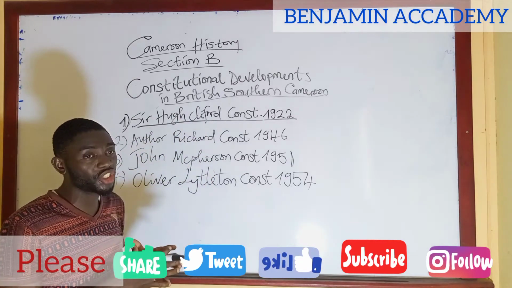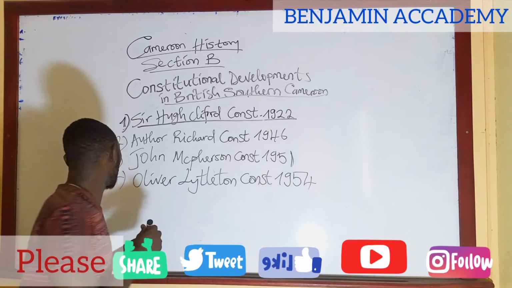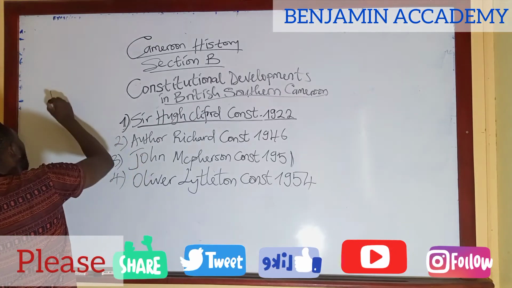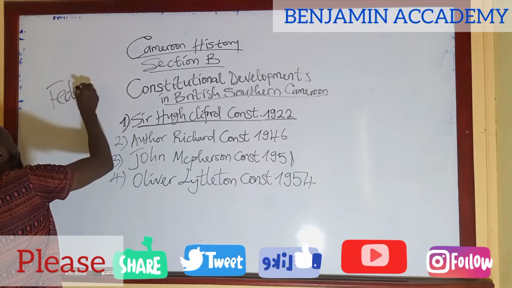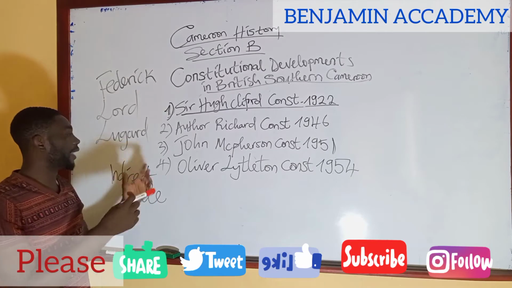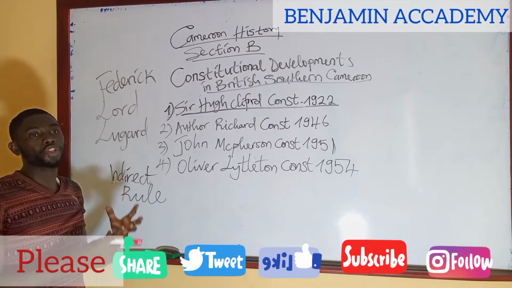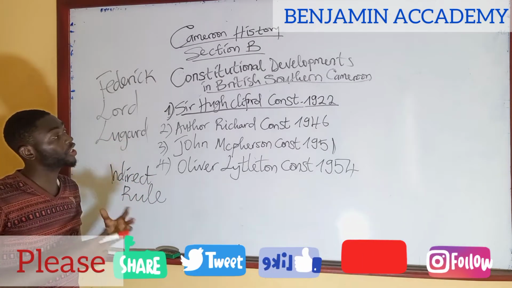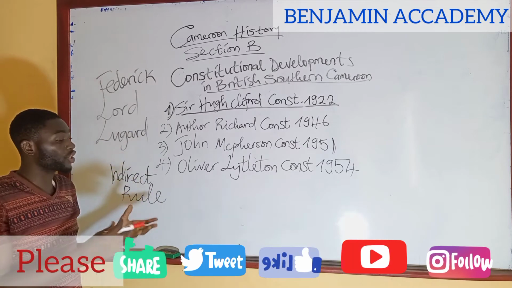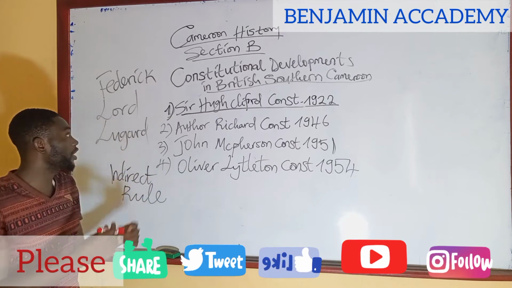Before Clifford came, Nigeria and Southern Cameroon were administered through the policy of indirect rule, which was introduced in northern Nigeria by Frederick Lugard. Indirect rule was a policy that made use of traditional rulers to administer their subjects using their traditional institutions.